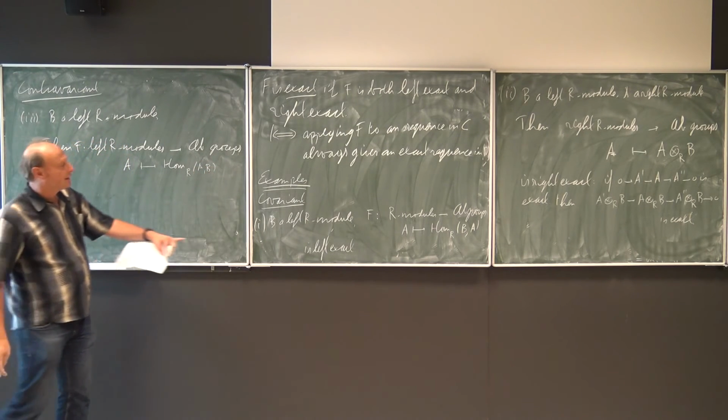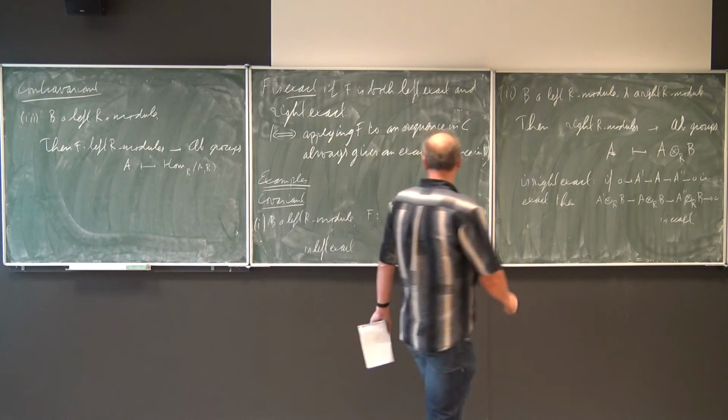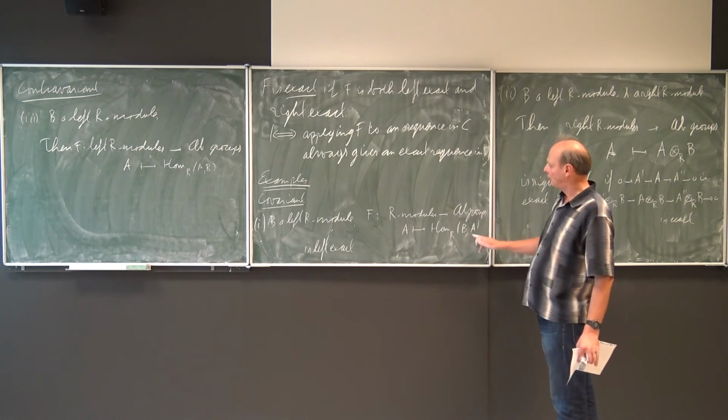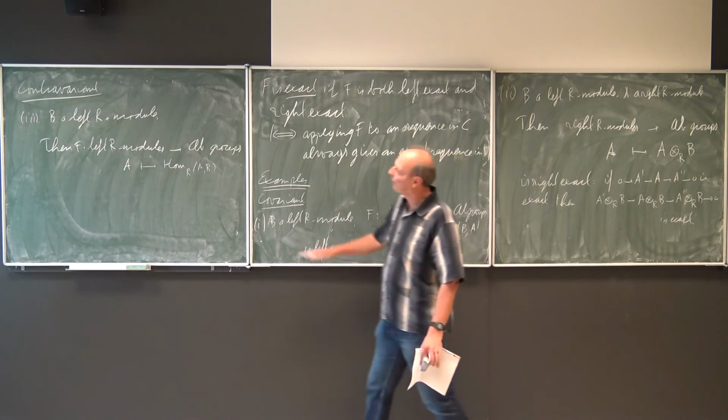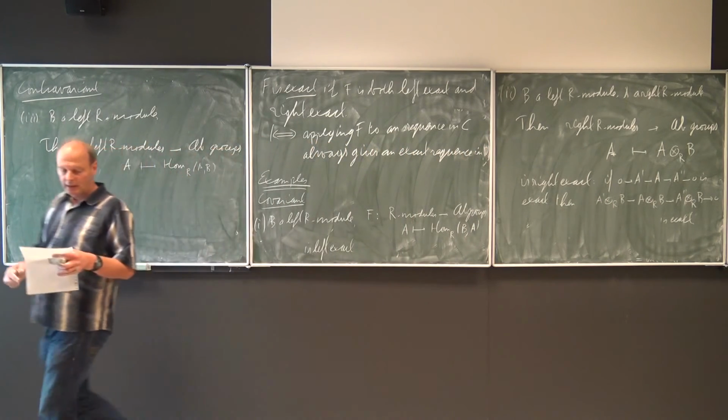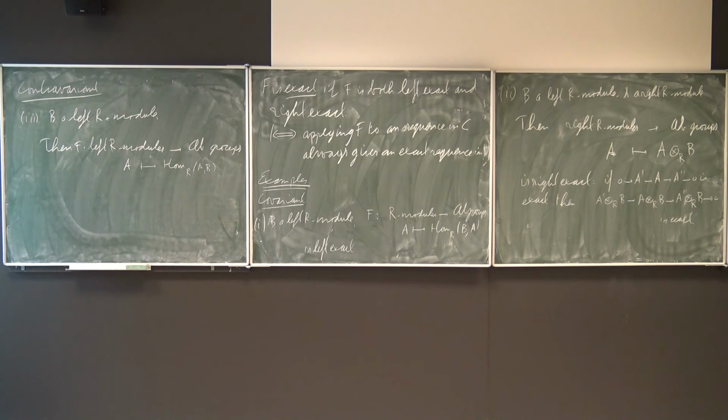So this looks a little bit like this example, but there my B in the first coordinate is fixed, so the variable objects in the category were in the second position, but here I have reversed the A and the B, and now it goes from covariant to contravariant.